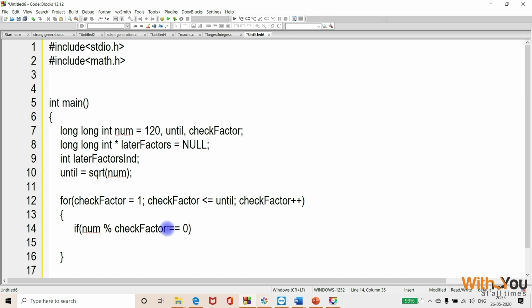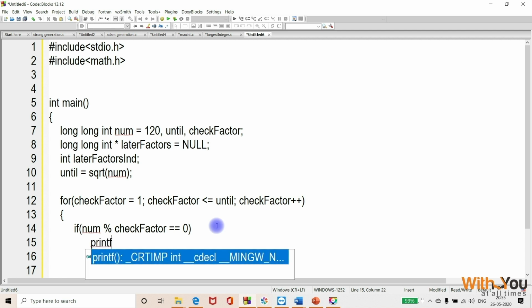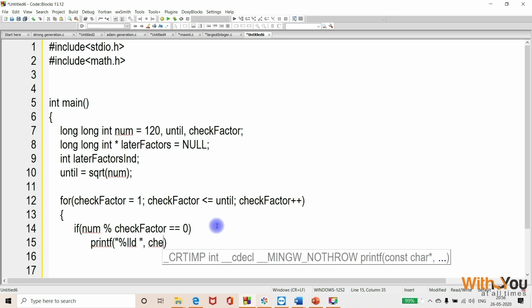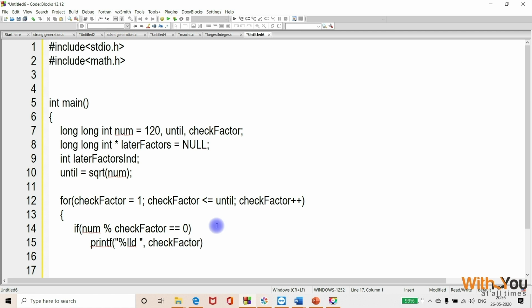Thank you. Cool. So if it is a factor, print the check factor. Print the check factor. So percentage LLD, comma space and the check factor. Cool. But what about the partner? Hey, relax.